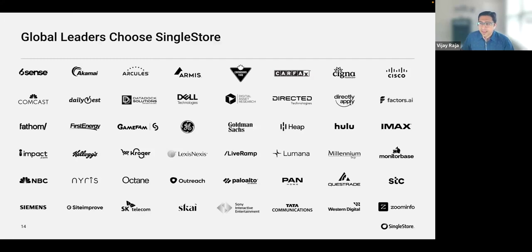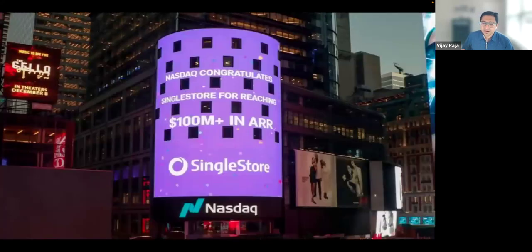Okay, and one of the other factors is that we also crossed a significant milestone last quarter. We just crossed $100 million in ARR a few months ago, and we are on an accelerated growth path, right?